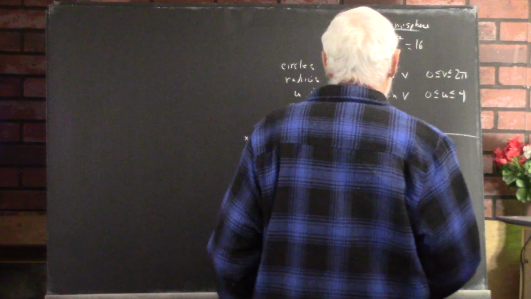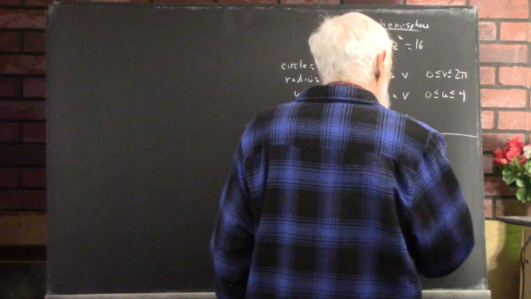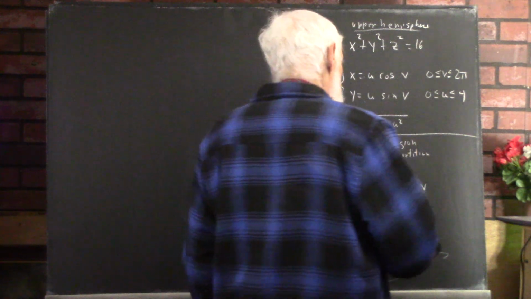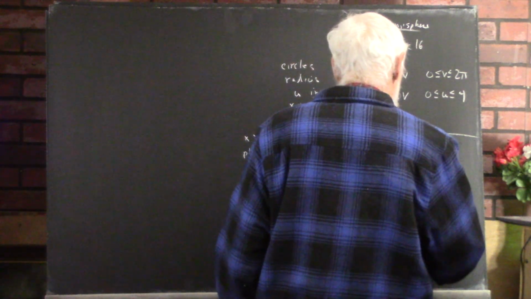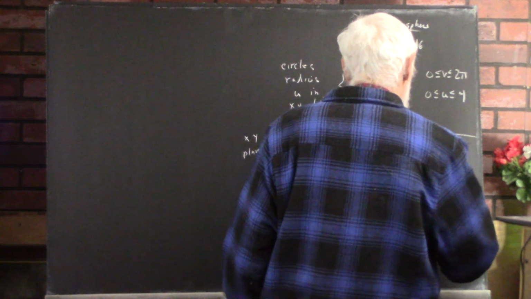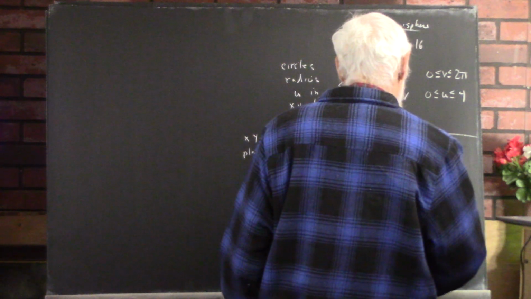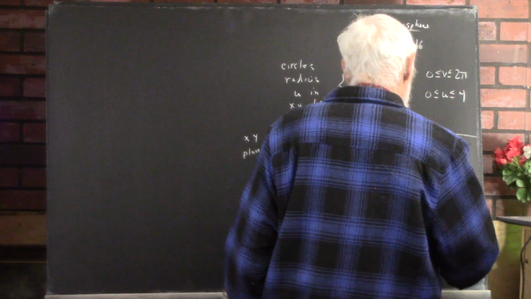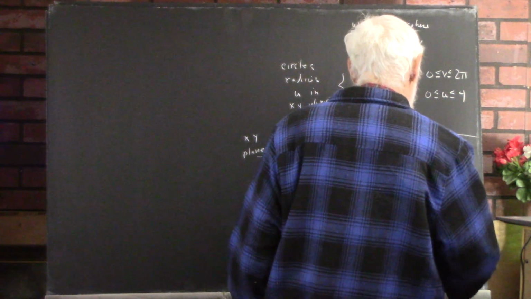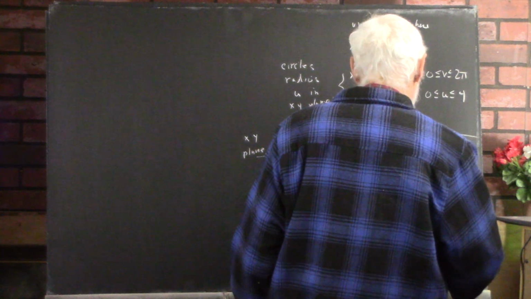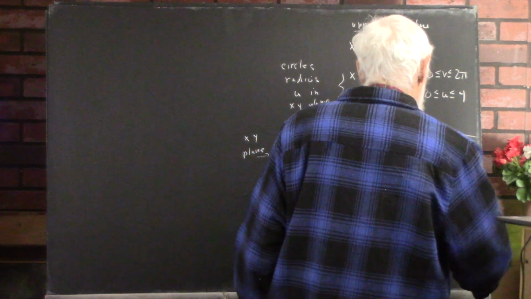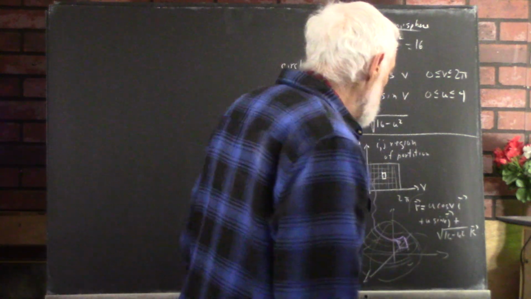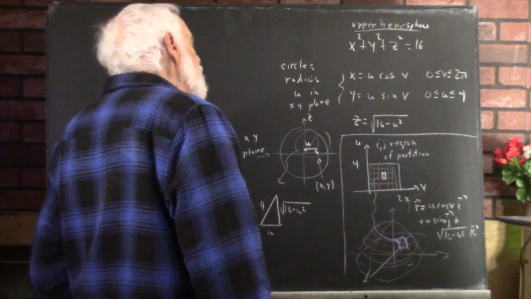But R is going to be, of course, x i plus y j plus z k, but then x is u cosine v, and y is u sine v, and then we have our z k, the square root of 16 minus u squared, k.